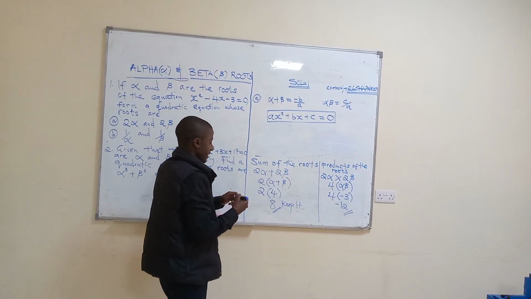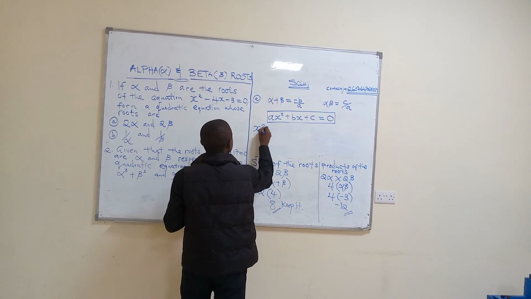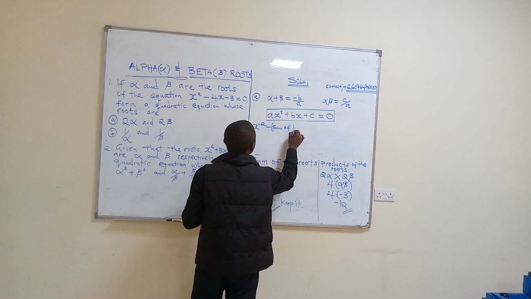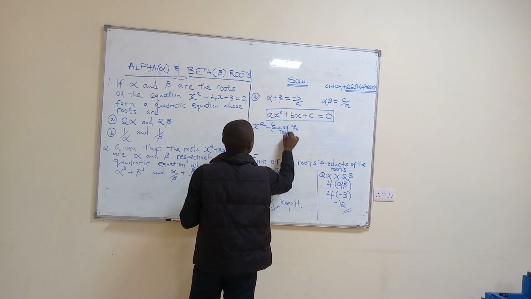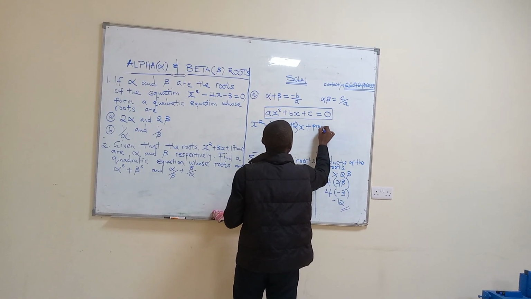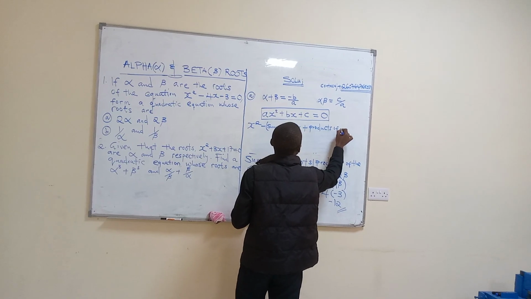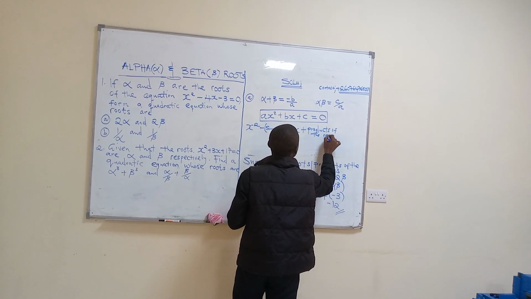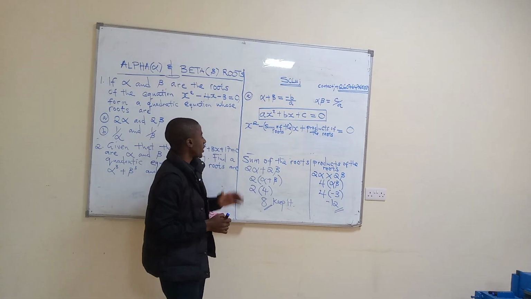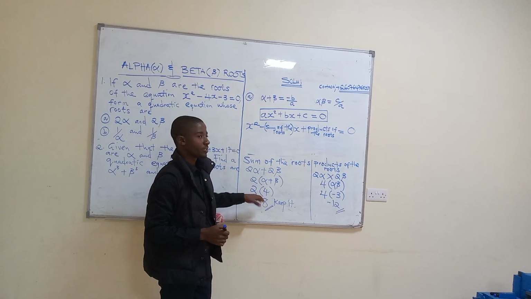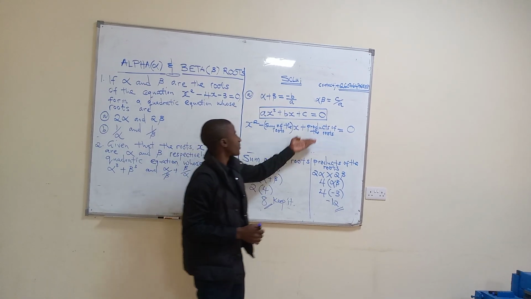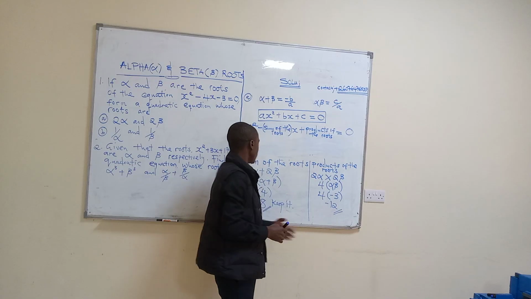So the general expression is x squared minus sum of the roots x plus product of the roots is equal to 0. What you are going to do is replace the sum of the roots and the product of the roots with the values you have already calculated.